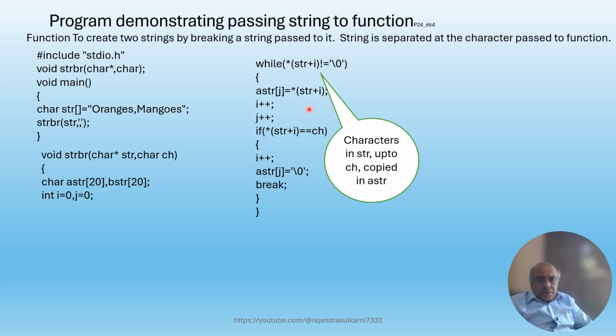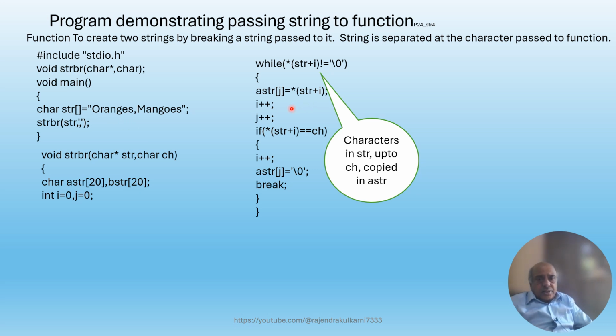So in the iteration when i is 0, star of str plus i will yield the 0th element of the str string of the main, which is O in this case.